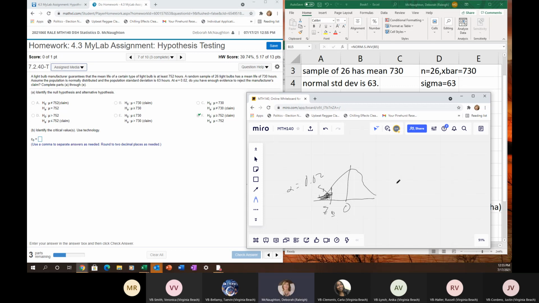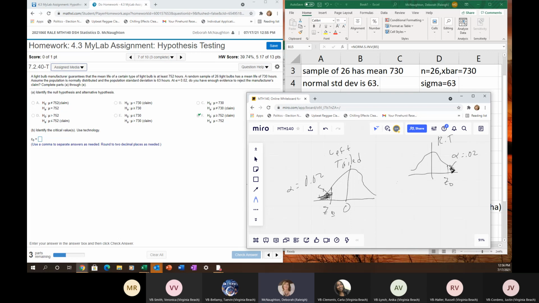And if it's a right-tailed test, so this is left-tailed, if it's a right-tailed test, you guys have to forgive my terrible drawings of bell-shaped curves, then my Z naught would be over here, and then this would be my alpha equals 0.02.